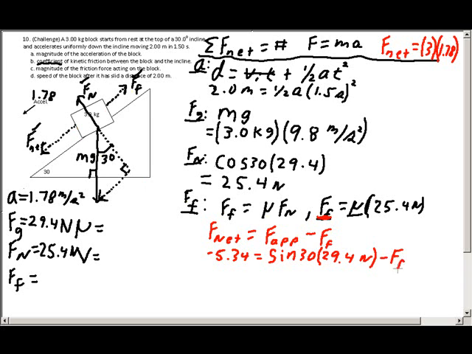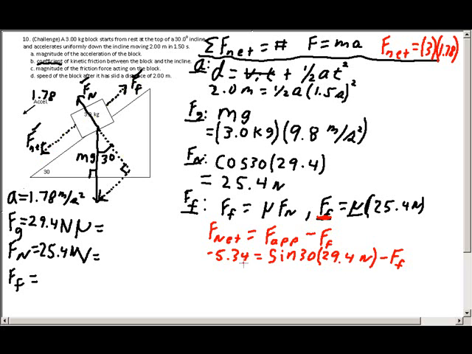Again, let's think about that one more time. The overall force is going to be the applied force minus the force of friction the other way. Since it's accelerating, this one must be moving, so it's greater. So I take the difference between those two.